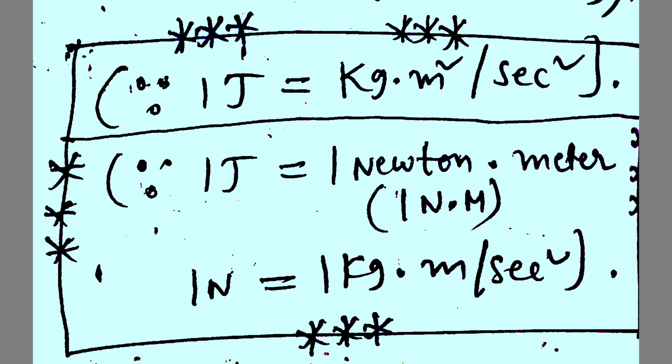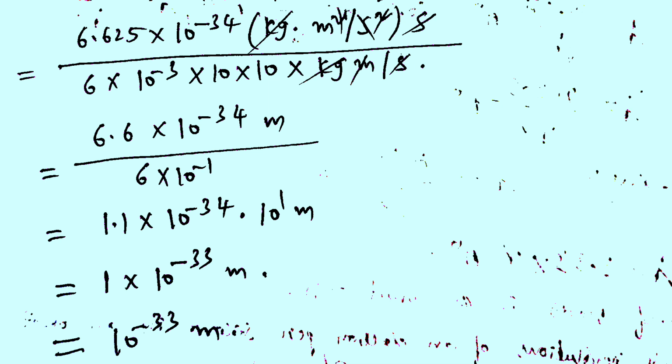This is a very important conversion: in the place of joules we have to substitute kg meter squared per second squared. Then kg cancels, meter cancels, second cancels, here also second cancels. Then finally we got the answer 10 to the power of minus 33 meters.